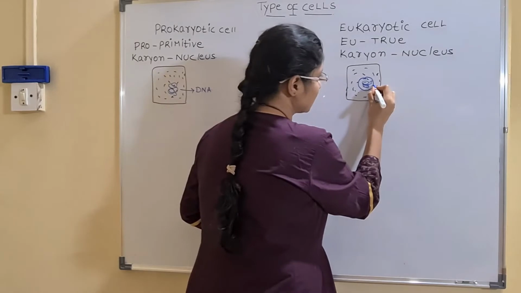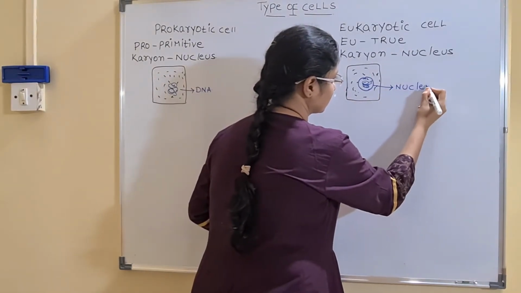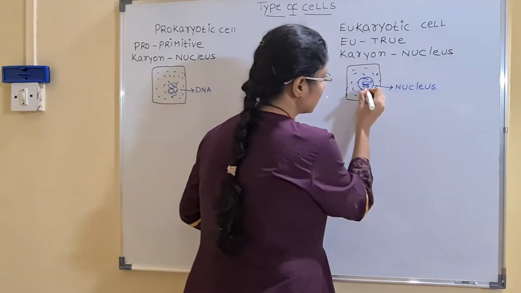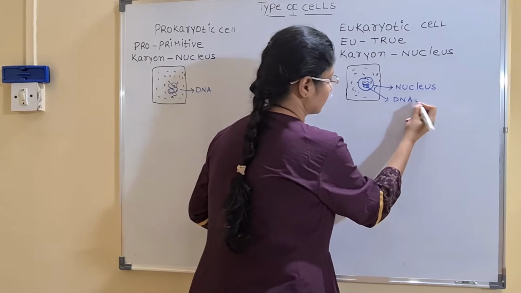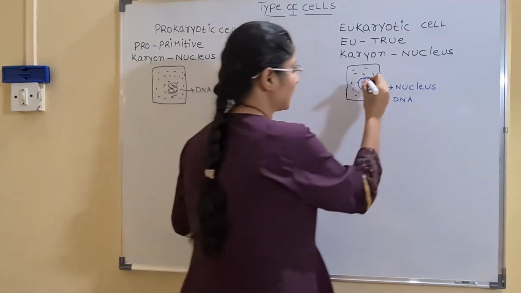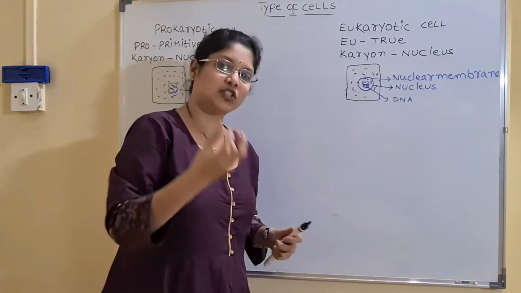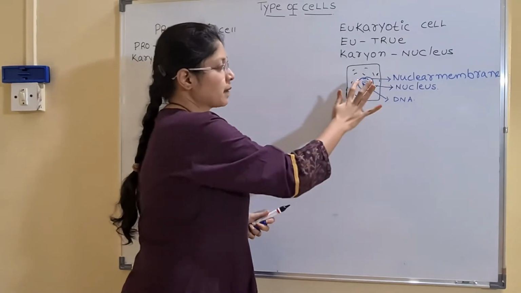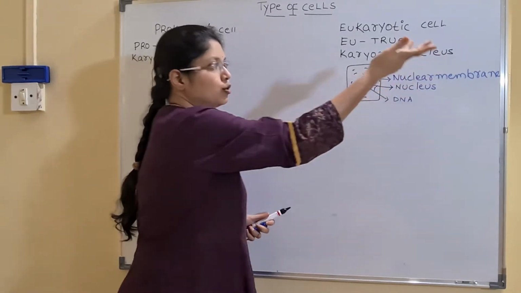This is known as the nucleus. The nucleus contains DNA, and this outer layer, the boundary, is known as the nuclear membrane.